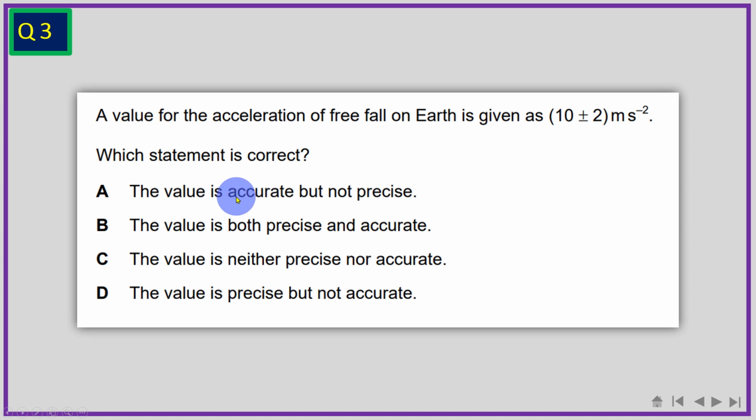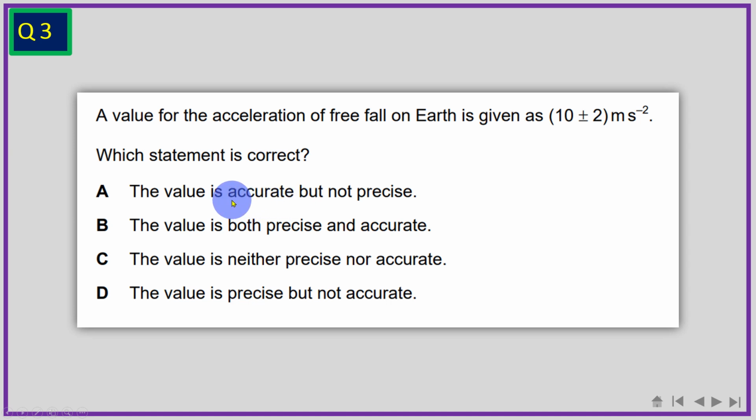So we need to remember the definition of accuracy, or what is meant by accuracy. A given value, whether it is a measured value or a calculated value, is said to be accurate if it is close to the true value.